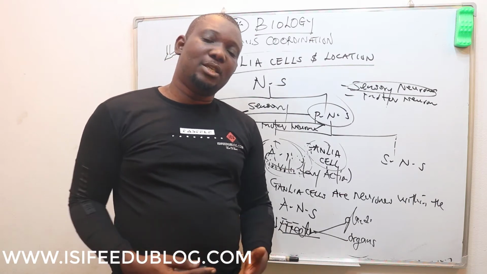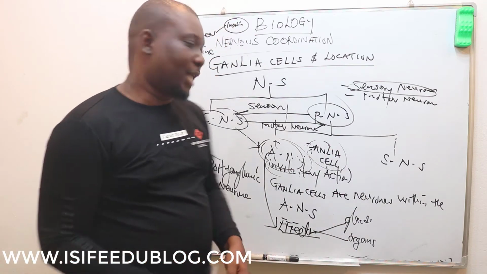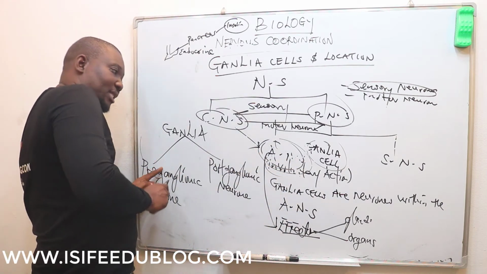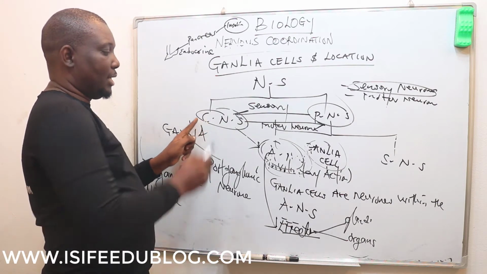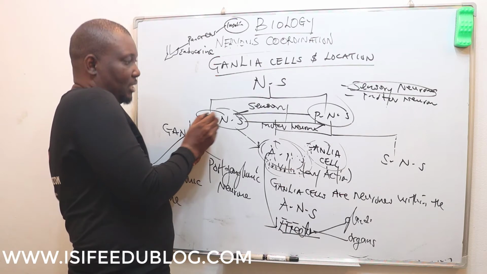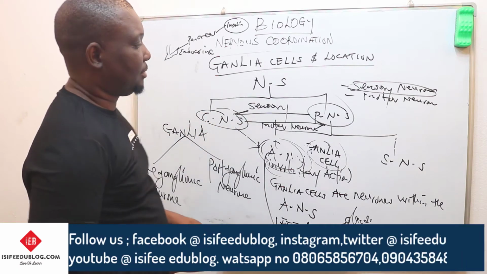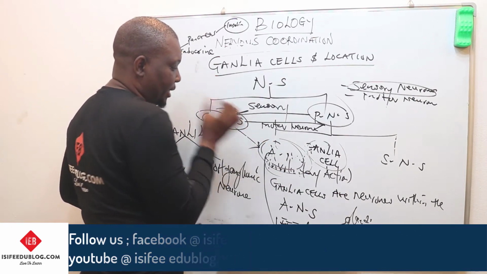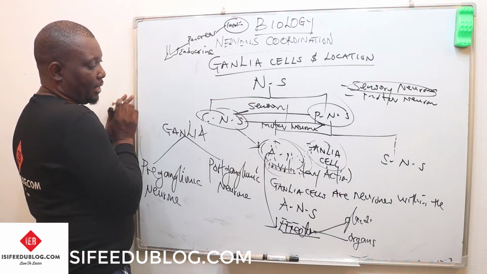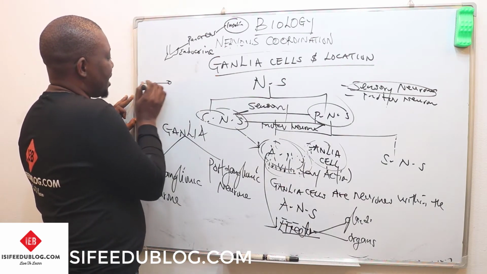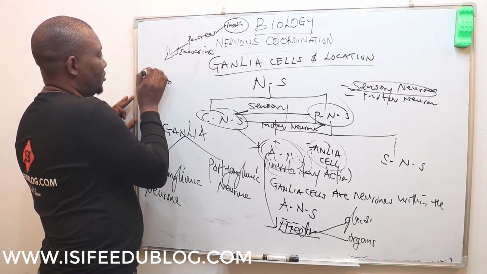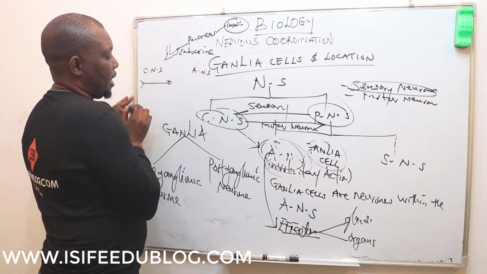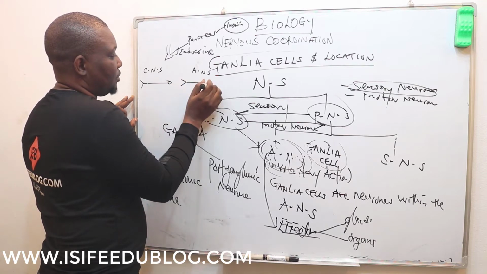So that means if there is need for insulin to be secreted in the body, the preganglionic neuron of the A.N.S. will first of all signal the C.N.S. And once it signals the C.N.S., it now moves impulses from the C.N.S. into the A.N.S. The preganglionic conveys impulses from the C.N.S. to the A.N.S. But it is still going to meet another neuron there.